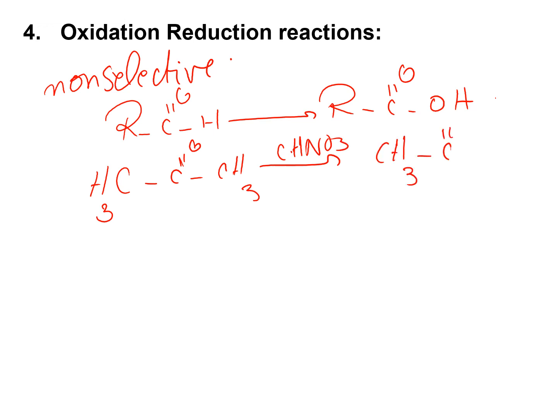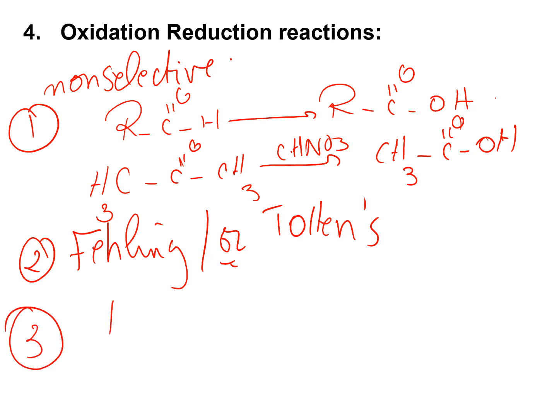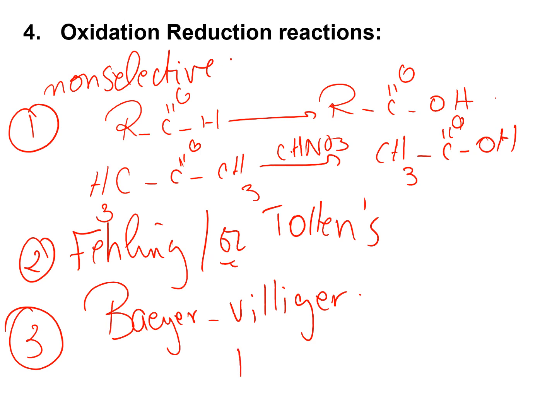We have the mild oxidizing agents like Tollens' and Fehling's. These are mild and they only oxidize aldehydes into acids. Finally, we have a selective oxidizing agent of ketones, which is the Baeyer-Villiger oxidizing agent, where we use peroxy acid.